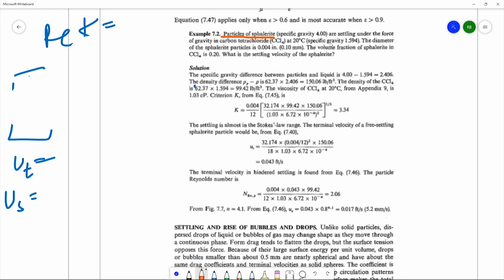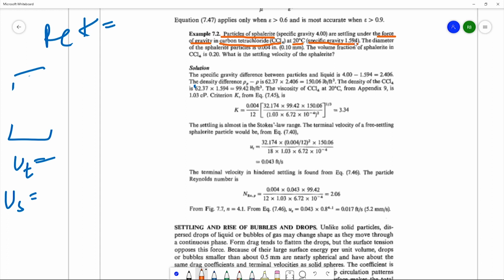As specific gravity, they are settling under the force of gravity. So external force is gravitational force, in carbon tetrachloride. So the fluid in which the particle is settling is carbon tetrachloride, not water. At 20 degrees Celsius, temperature is given, and the specific gravity of this carbon tetrachloride is this.